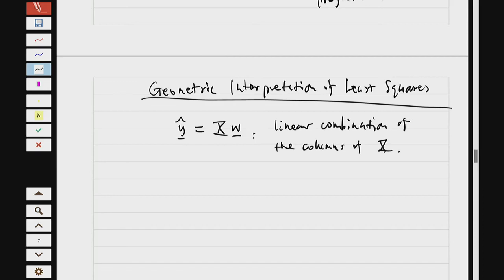There's a fancy name for it. So y hat is a vector in the space called the column span of X. Again, the column span is the space where each point is a possible combination of the columns of X. It's an n-dimensional space because a column is a length n vector.